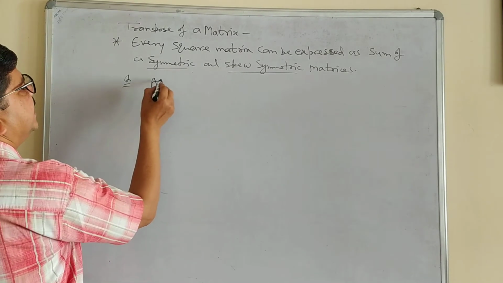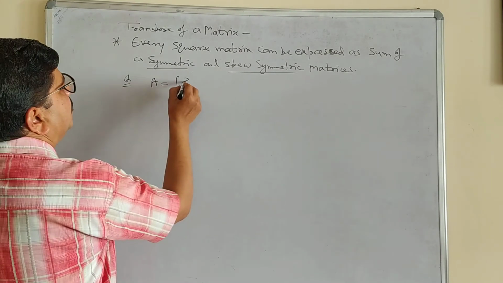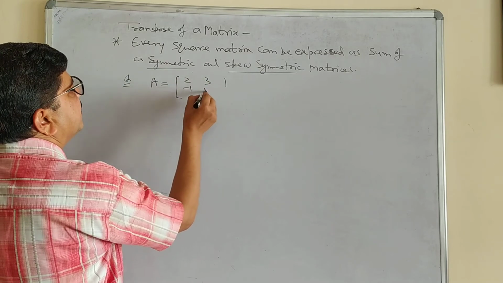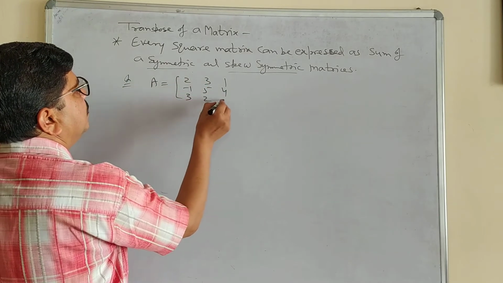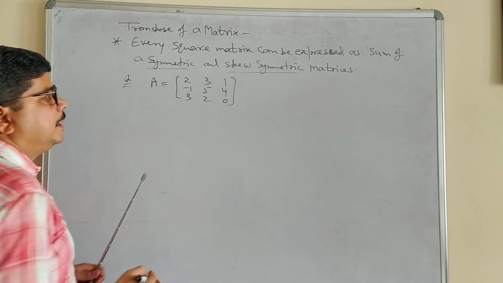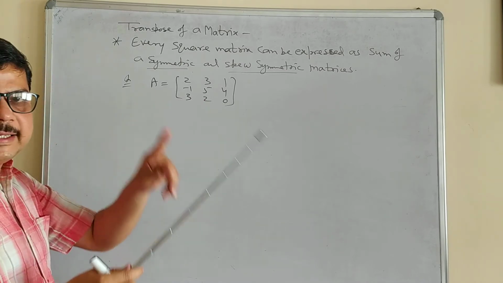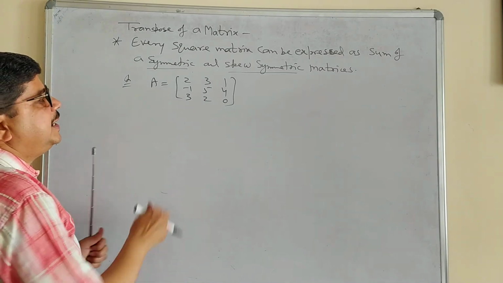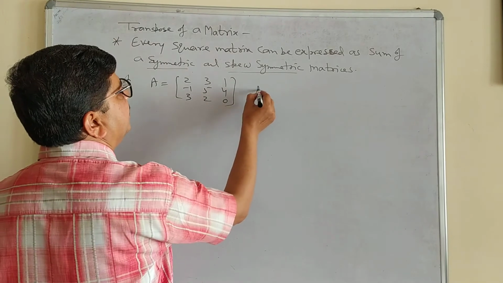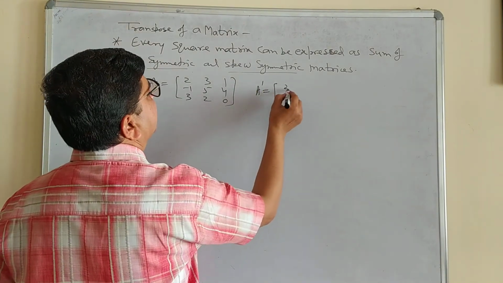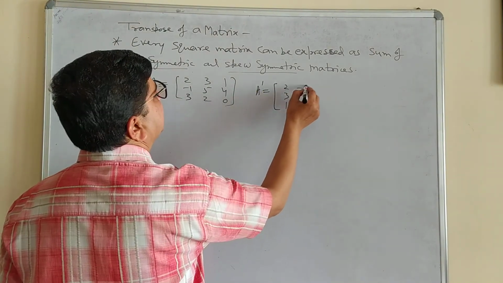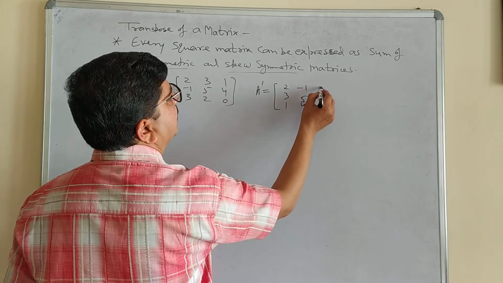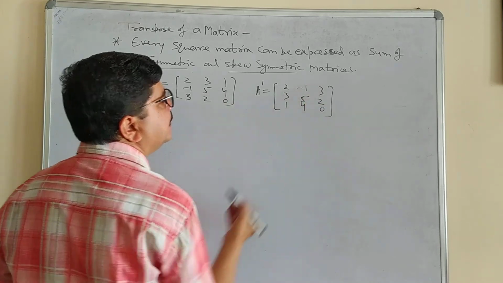Question is, suppose A is the matrix 2 3 1, minus 1 5 4, 3 2 0. Now express this square matrix as a sum of symmetric and skew-symmetric matrices. For that, first we will find A transpose. It will be first column 2 3 1, second minus 1 5 4, then 3 2 0.